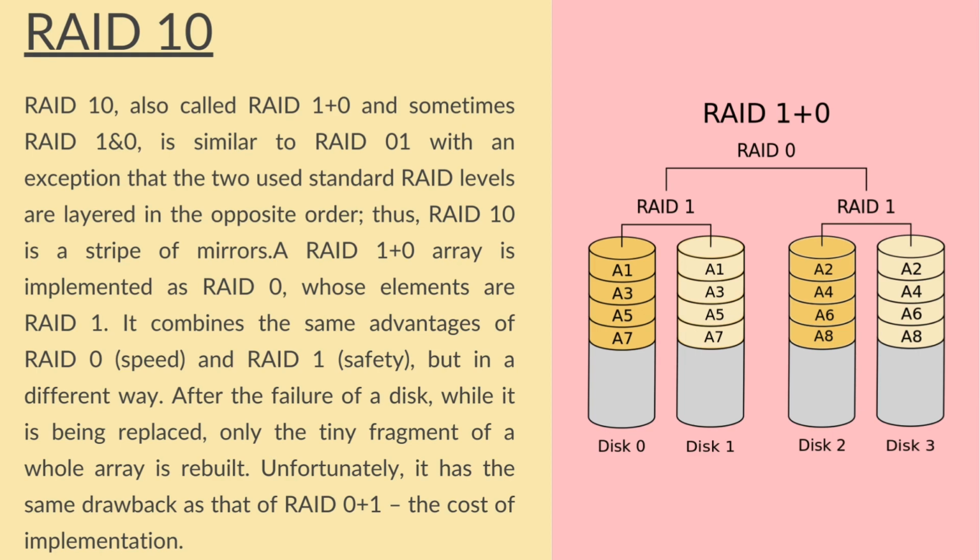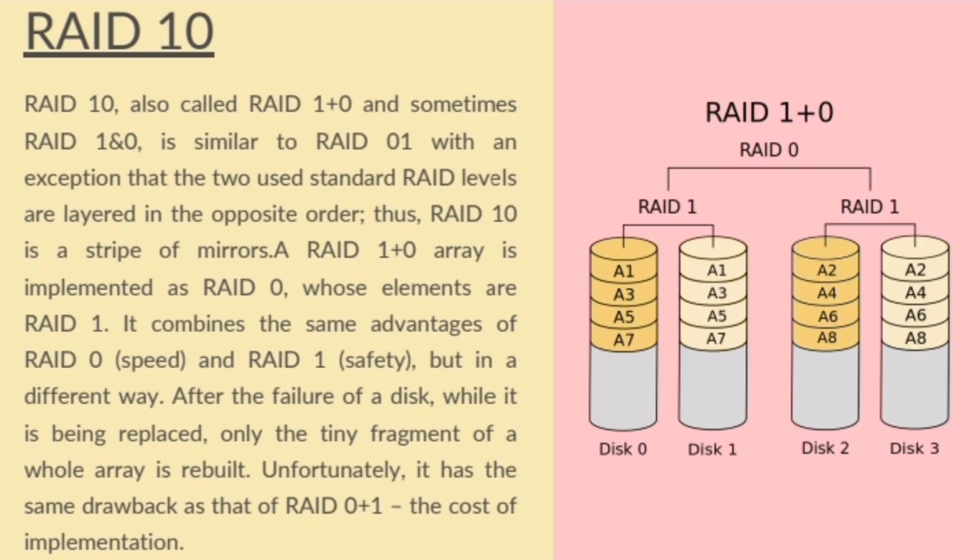RAID 10 is also called 1 plus 0 and sometimes 1 and 0. It is similar to RAID 01 with the exception that the two standard RAID levels are layered in the opposite order. Thus, RAID 10 is a stripe of mirrors. A RAID 10 array is implemented as RAID 0 whose elements are RAID 1.